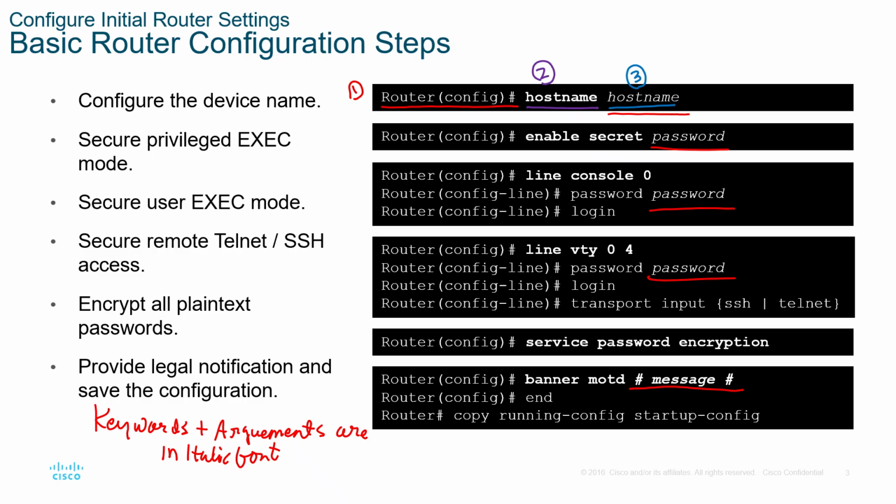In newer models or IOSs, you actually have to tell it to do either SSH or Telnet, or if you want both as your input choices, you simply write transport input SSH space Telnet. And you will have the option of either or. When you do that, it will always default to the SSH process first because SSH is a more secure login feature.